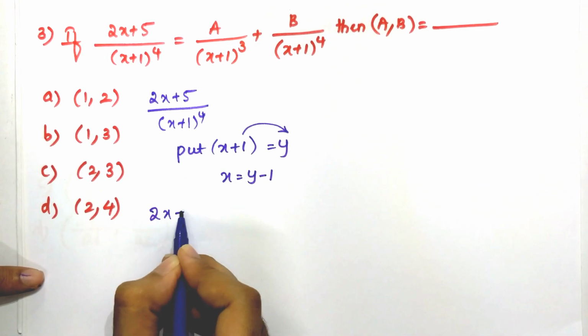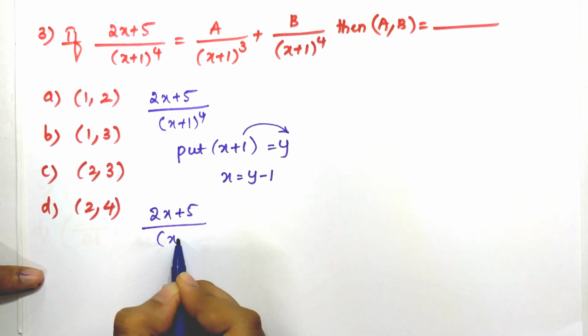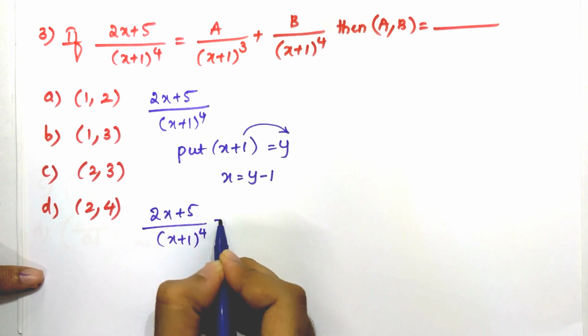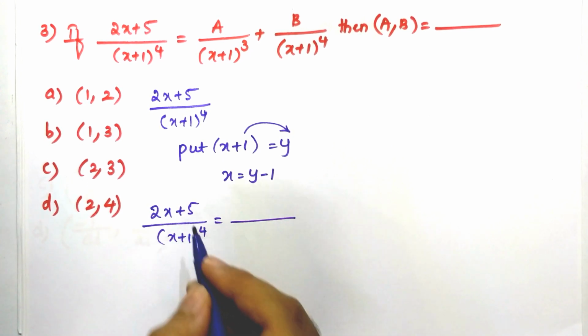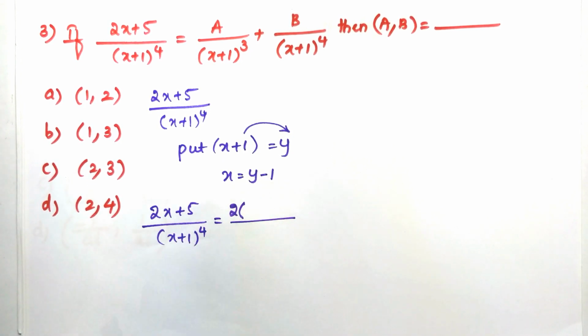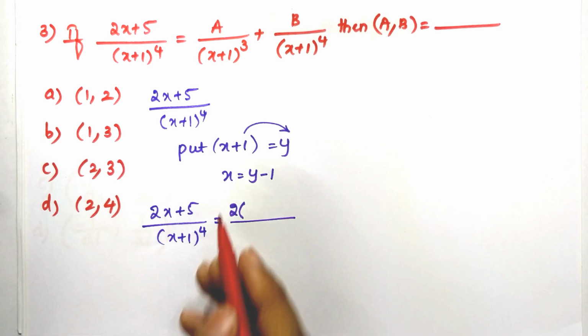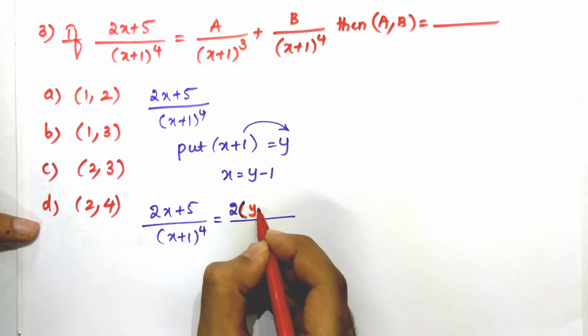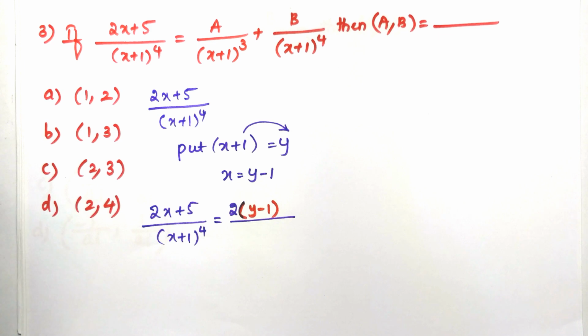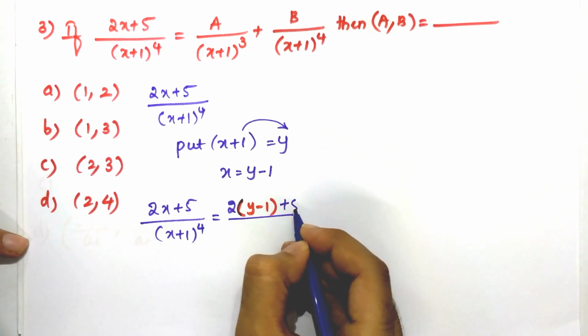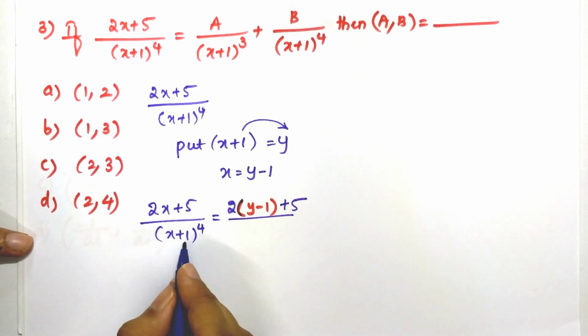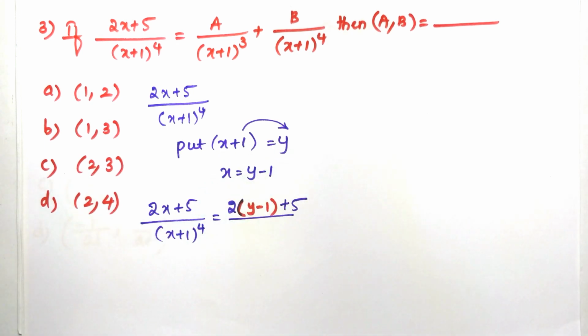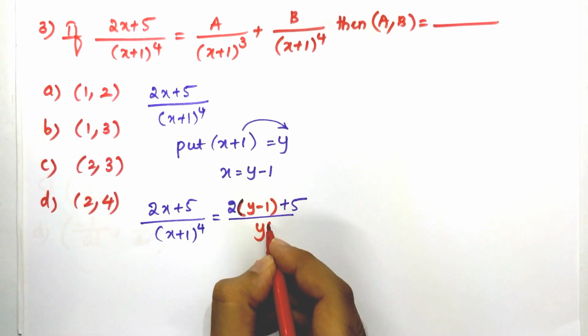So 2x plus 5 by x plus 1 to the power of 4 is equivalent to, now replacing the values, 2 into what is x over here? X is y minus 1. So 2 into y minus 1, plus 5 as it is, and x plus 1 can be replaced by y, so y to the power of 4.